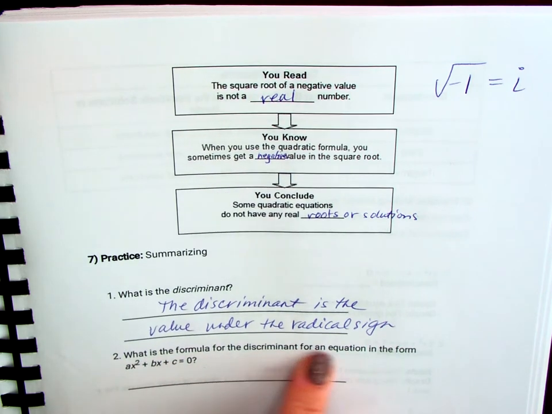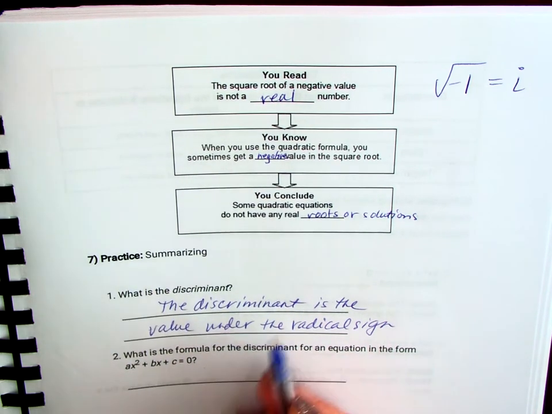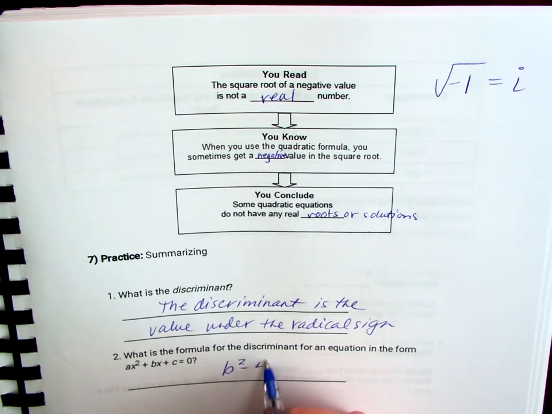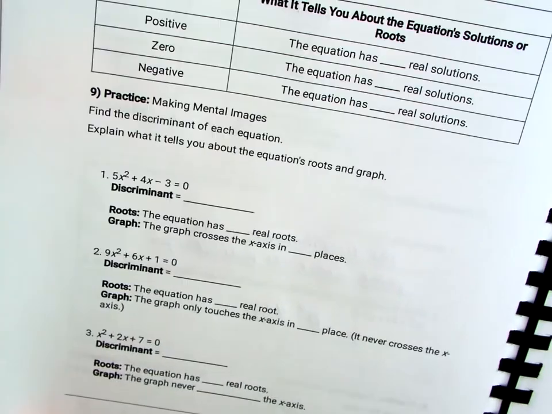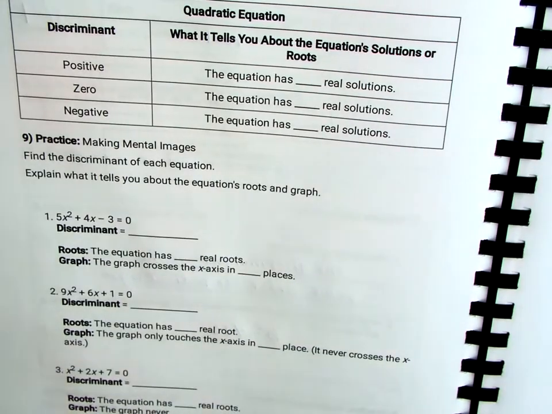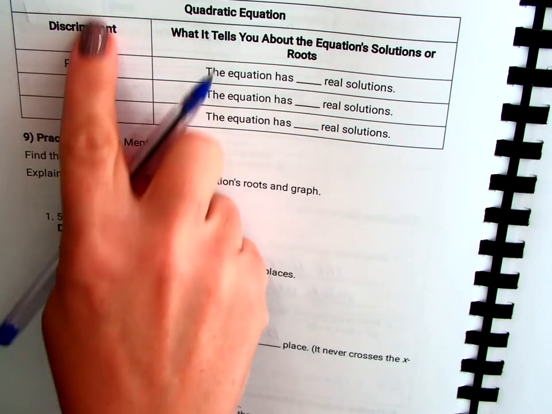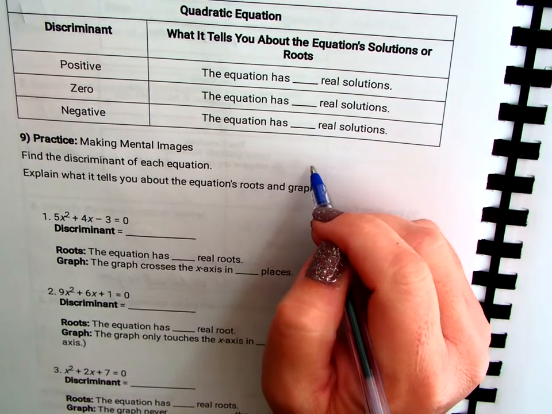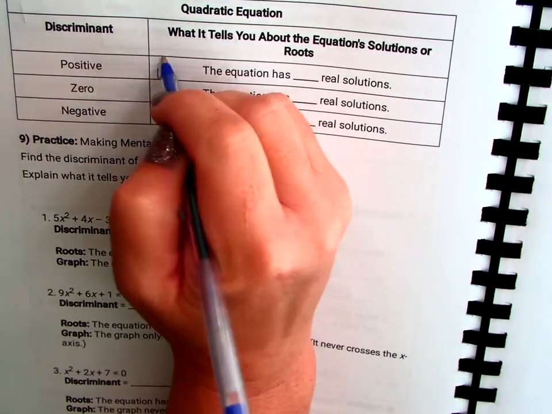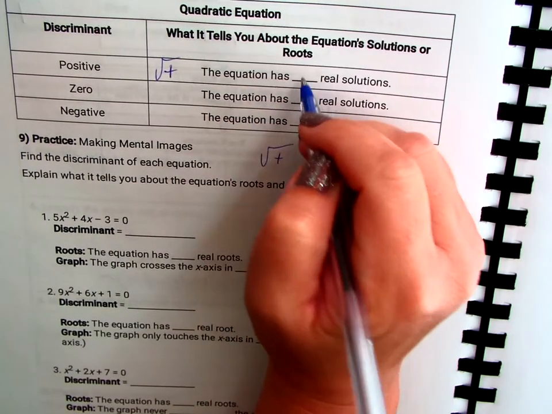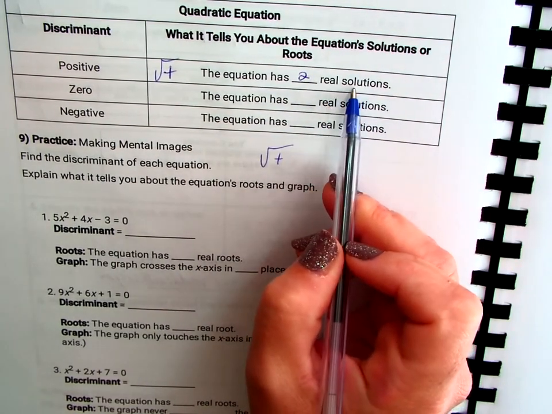What is the formula for the discriminant for this equation? So remember, the b squared minus 4ac, that's the part under the radical in the formula, so that's my discriminant formula. So if we get a positive discriminant, or underneath the square root is positive, then the equation has two real roots or two real solutions.